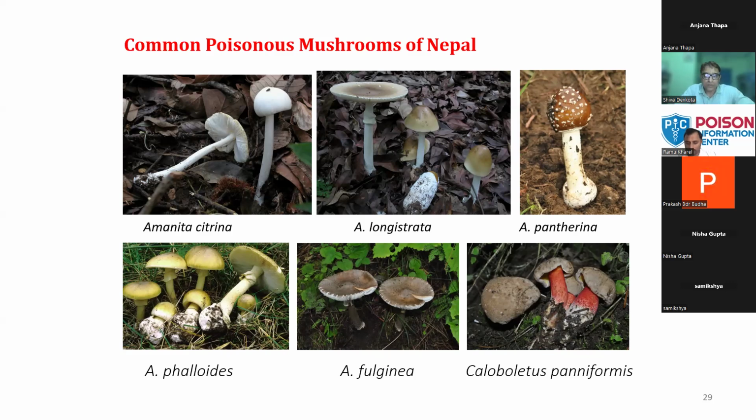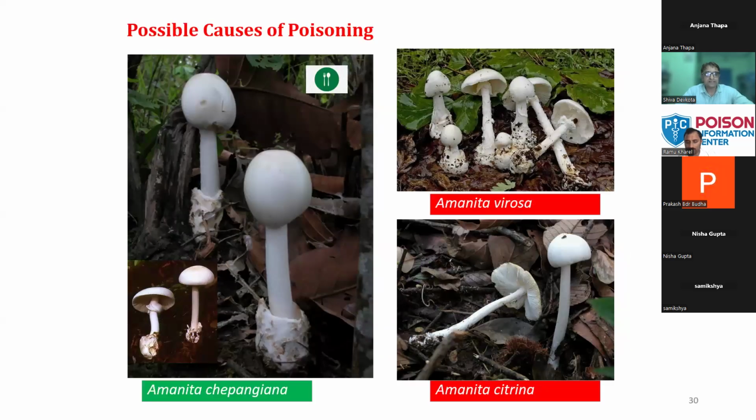Another possible cause of poisoning in Nepal is this: you see this is Amanita chepangiana. Amanita chepangiana is mostly an edible mushroom, and it is found in the Chitwan, Lothar area. And there are similar mushrooms, Amanita virosa and Amanita citrina.